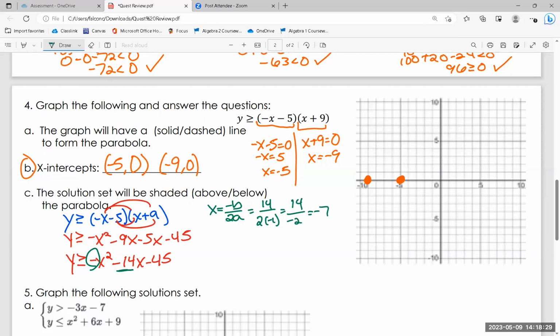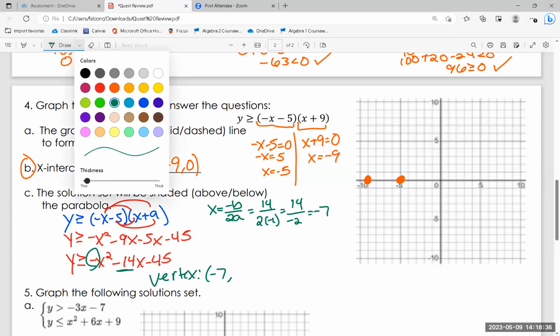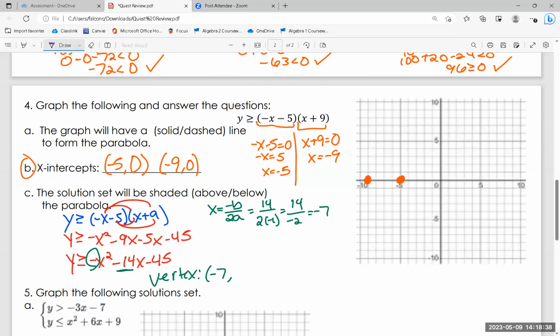So if we're talking about our vertex, X value is -7. To figure out the Y value, that's when we have to plug it back in. So we're going to plug it back into this equation, or you could plug it back to the original one, doesn't matter. So Y is going to be equal to -x squared. So we're plugging in -7 squared minus 14 times -7 minus 45.